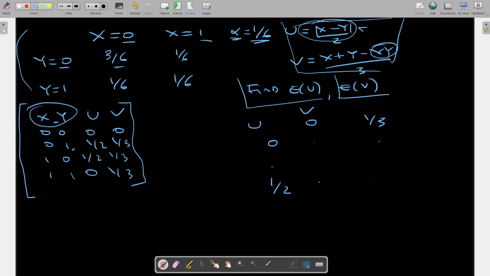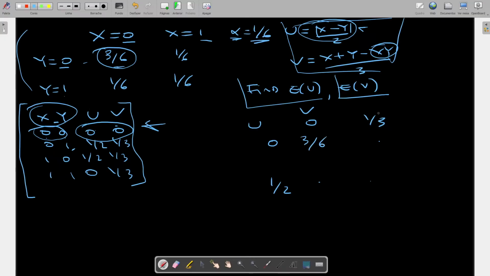The rule for that is as follows. The question you need to ask in order to get this right: what are the cases where u and v are 0? So you're going to go back to this table and find an entry here. So this is true. You have a situation where u is 0 and v is 0, so you have the entries from x and y that are 0 and 0, so it's 3/6. So this is the first entry.